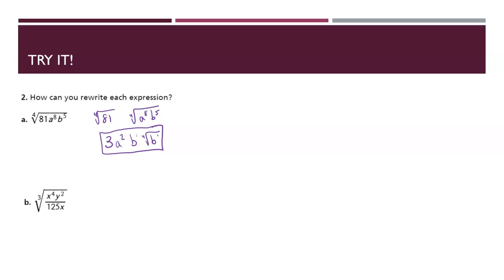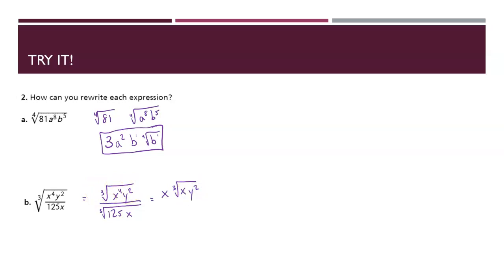Okay, let's look at the next one. With this next one, we're going to break this up into a couple of pieces between the numerator and the denominator. We'd have the cube root in the numerator of x to the 4th y squared, and in the denominator, the cube root of 125x. So let's start with the numerator. 3 goes into 4 one time with the remainder of 1, and 3 doesn't go into 2 at all, so we can't do anything with that.